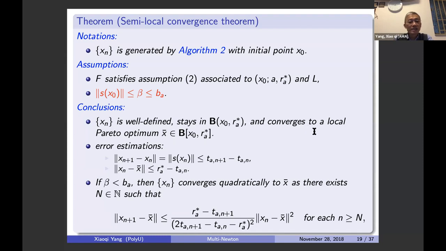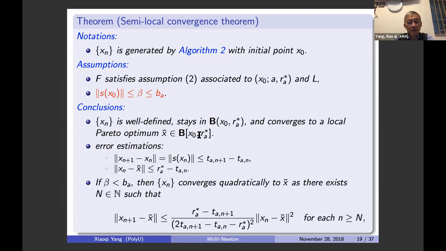Local is not important here because it is a convex problem. So the convergence is to a Pareto optimal point x bar within this closed ball. Starting from x0, the sequence stays in a ball around the initial point and converges to a Pareto solution.